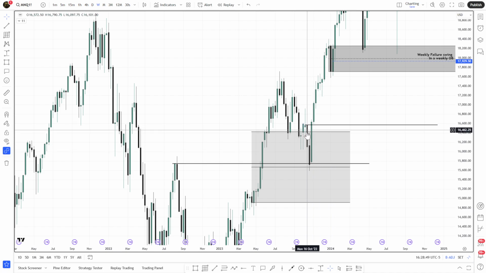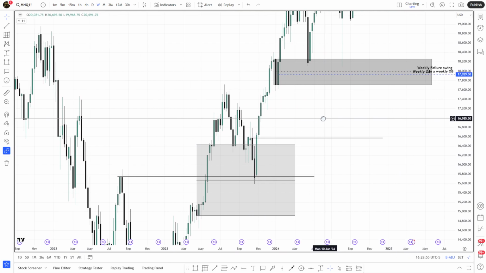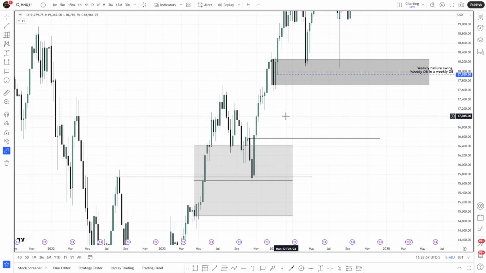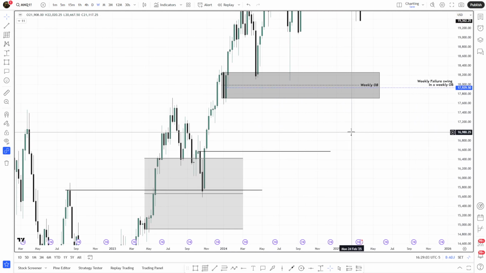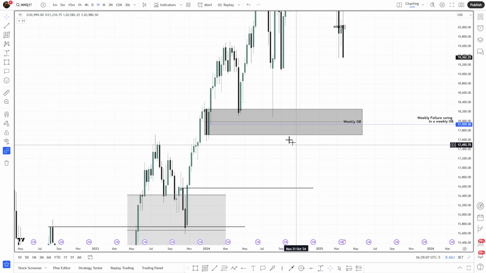Okay, so this drive into discount, running out these equal lows, rebalancing this area, this is an order block candidate. And we do have this imbalance. So is there potential for price to get down here? Yeah, there sure is.